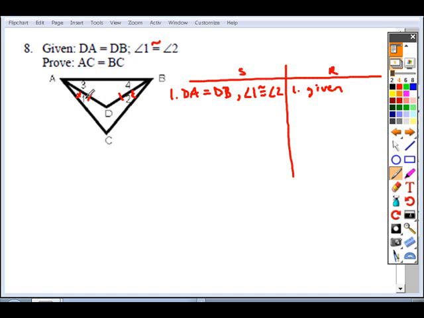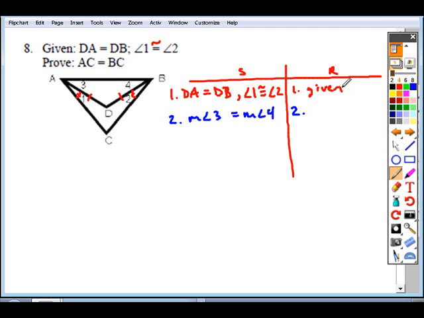So we have the parts 1 and 2 equal already. That was given. Is there a way to show that angles 3 and 4 are equal? If you look at the small triangle ABD, what kind of a triangle is that? It is isosceles, right? They already gave us that those two sides are equal. So what do we know about the measure of angle 3 and 4? Those angles are equal to each other?